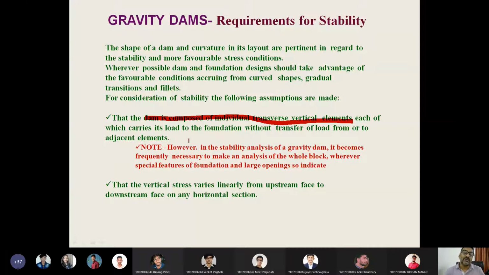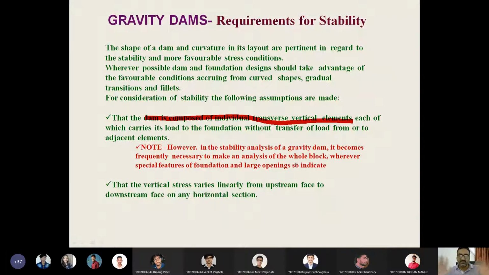However, this is also mentioned, that in the stability analysis of a gravity dam, it frequently becomes necessary to make analysis of the whole block. Means if it is a kilometer long, 1,000 meters, then we should analyze it at one go.